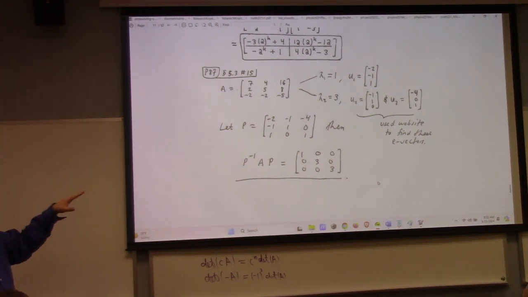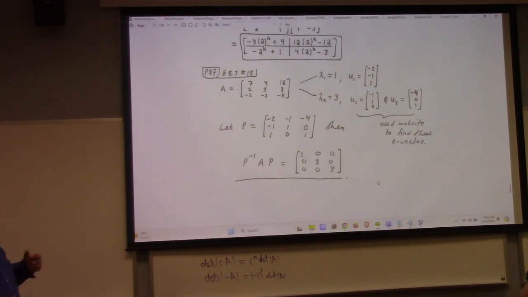So yeah, there's other answers for true. This would be a good example of the kind of problem where I give you data, and then I say diagonalize it. All you have to do is take the things you're given and form a matrix.